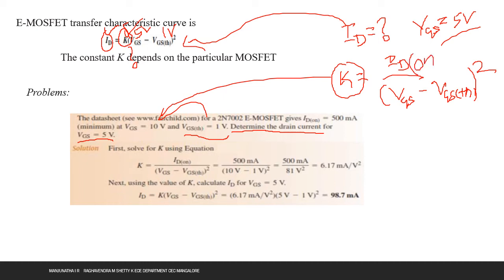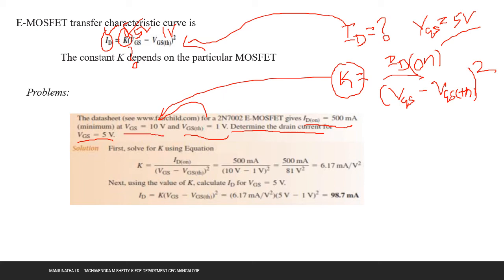Instead of ID, use ID on, which is a minimum value. See here, ID on is 500 milliamps, a minimum value at VGS is equal to 10 volts.